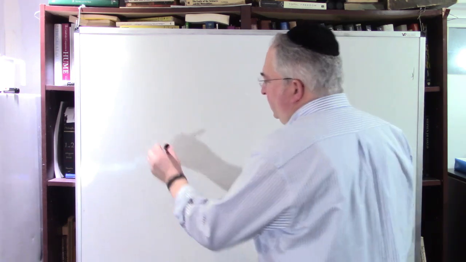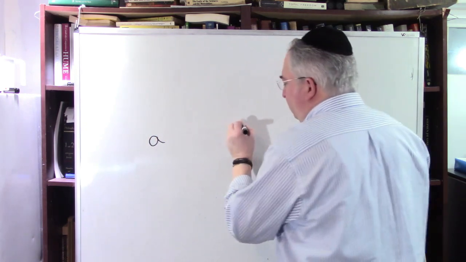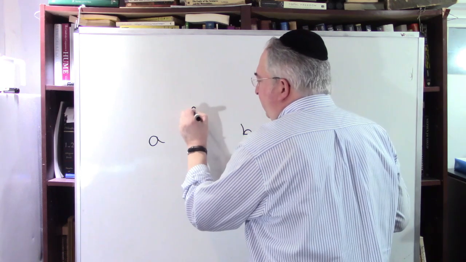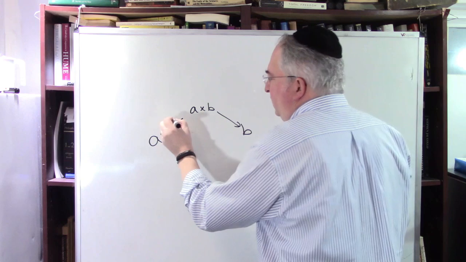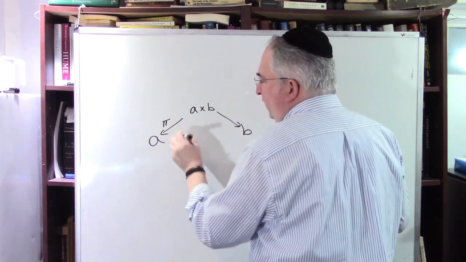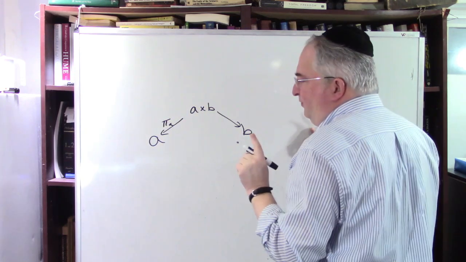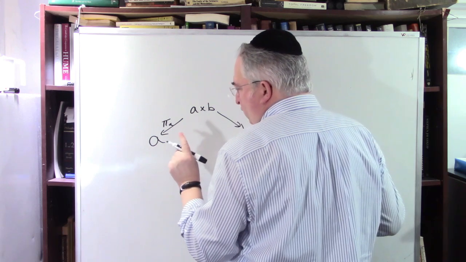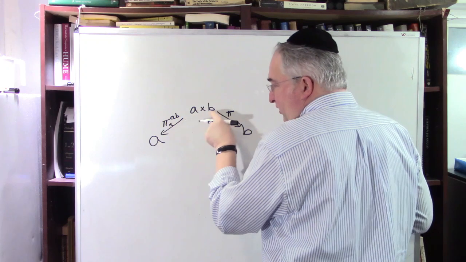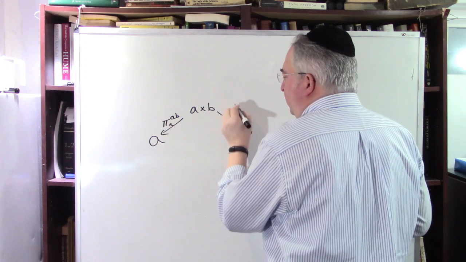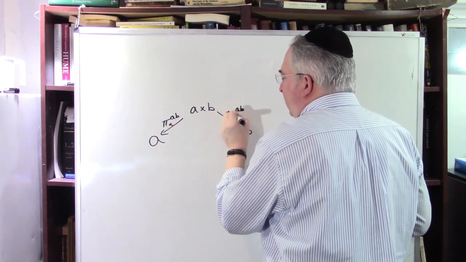And it goes as follows. Take A to B. Then you have A cross B. And it goes like this, and it goes like this. We're going to call this pi A. I'm going to put in specifically what the source is. So this is AB. And this is pi, although you can see it right here, so you don't need it, but I'll show you why you need it in a second. AB, and this is B.